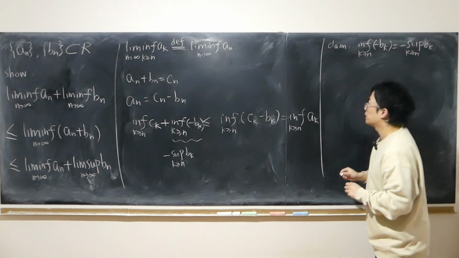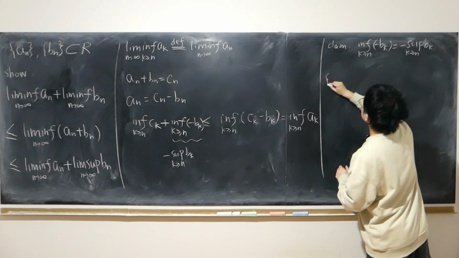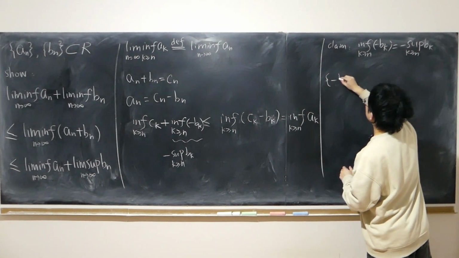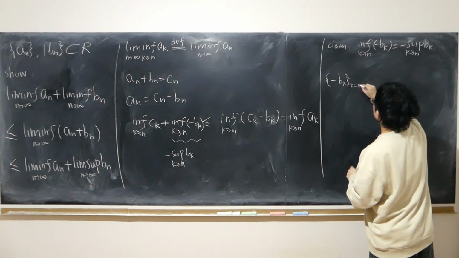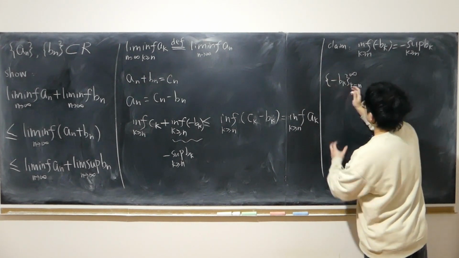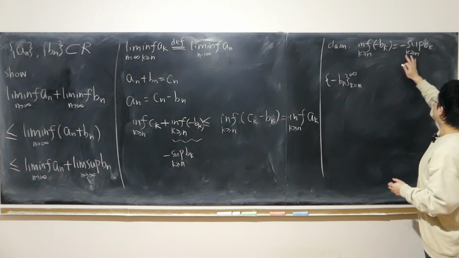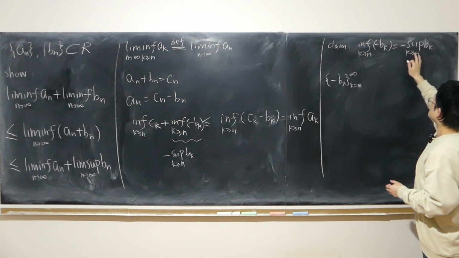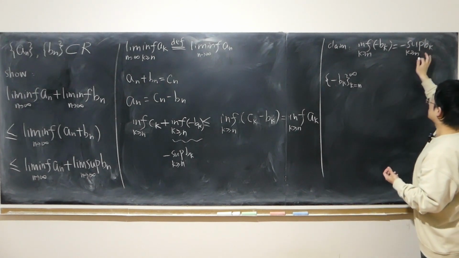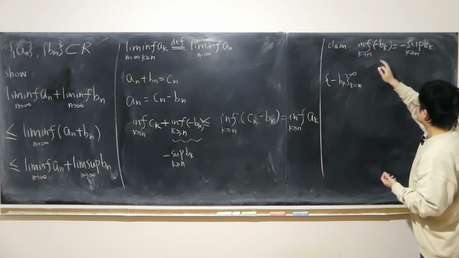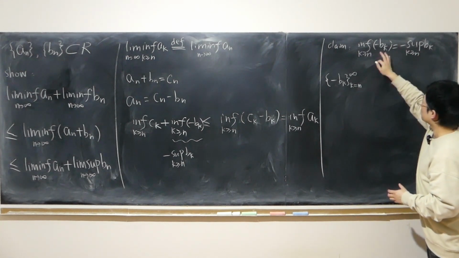So first of all, I treat negative Bk as a whole entity, negative Bk, K go from n to infinity. This is it. Right? To prove this fixed constant is its infimum, first we need to prove this constant is a lower bound. Second, we need to prove this constant is the biggest lower bound of this set.